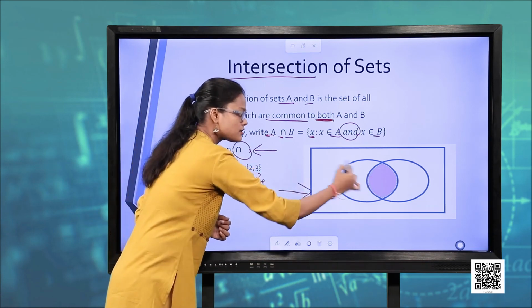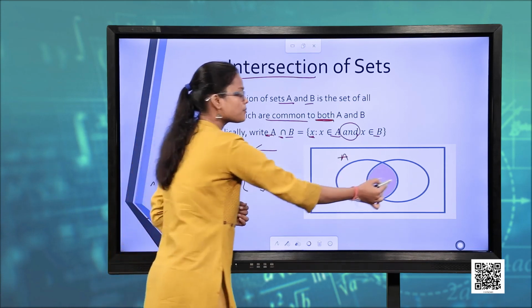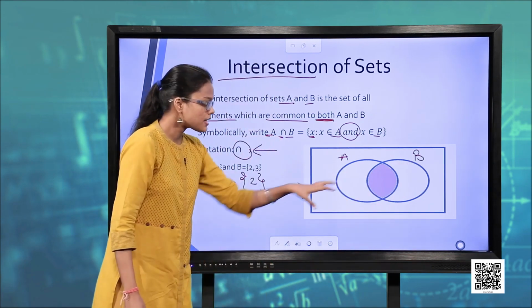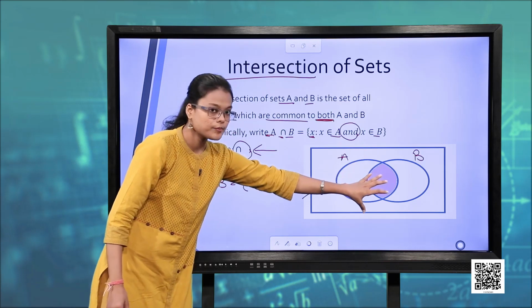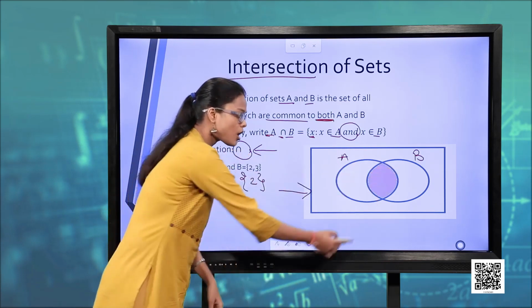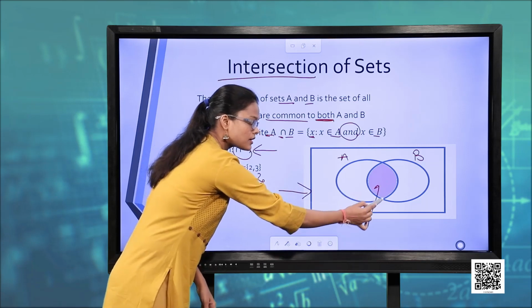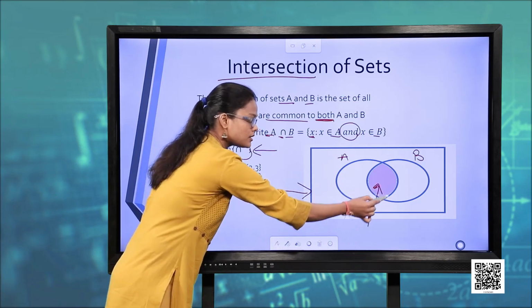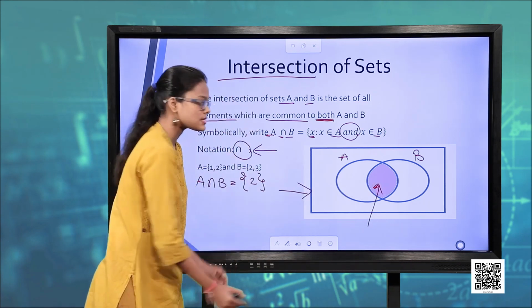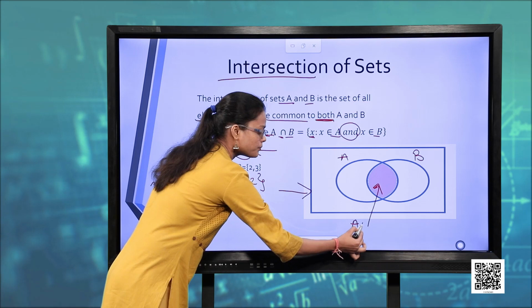Two sets are there: this represents set A, this represents set B. You may see there is some common part in these two circles, and this common part is shaded with pink color, and this pink common part represents A intersection B.